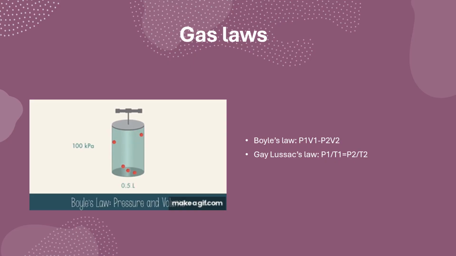There are some other gas laws which we need to know for the exam. One being Boyle's law, which is used to determine the volume or pressure of a given substance while we maintain the same temperature. The way I think about Boyle's law is B stands for barometric, or pressure.